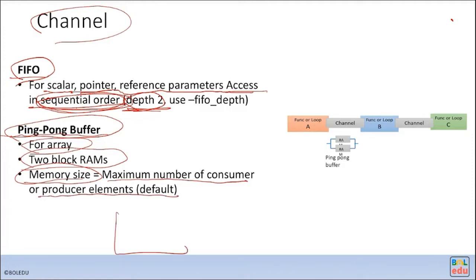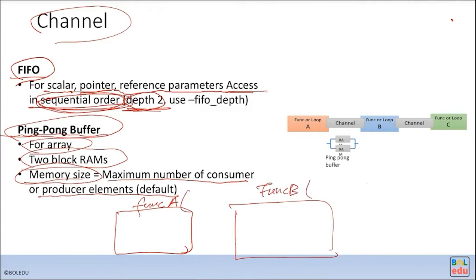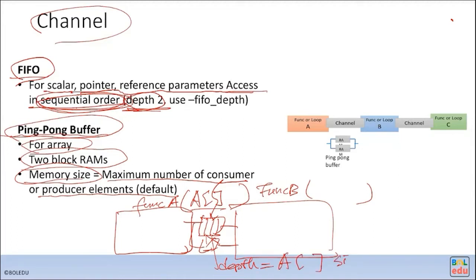For example, this is function A and this is function B, and they communicate with array A. So for the internal ping pong buffer, the memory depth is the array A size by default.